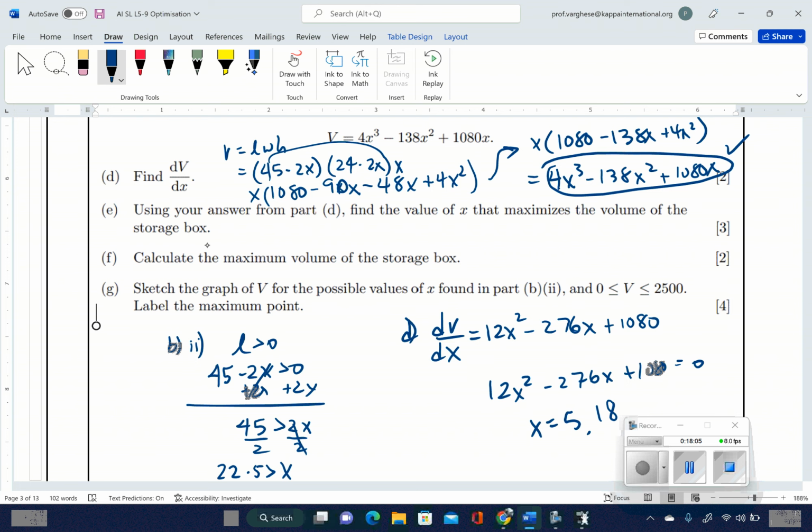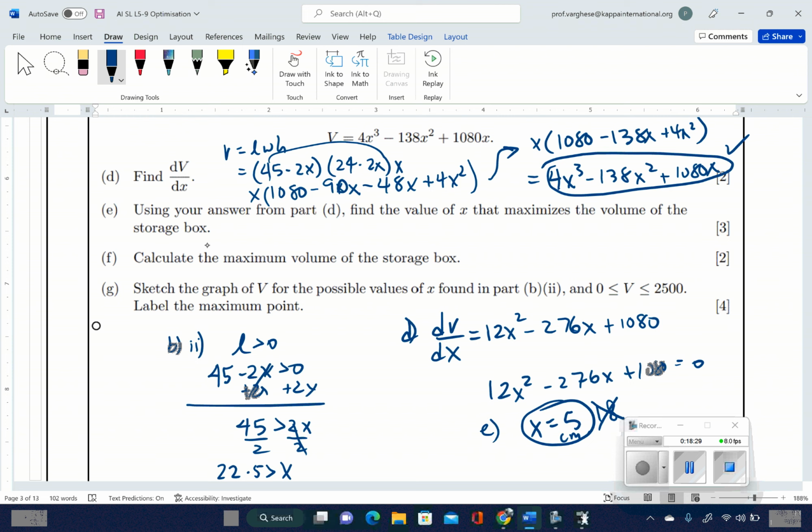To do that, you look at the original graph and you can see that x equals 5 is the maximum. The 18 is the one that minimizes, okay? So x equals 5. So 5 centimeters is going to be our answer for part E.